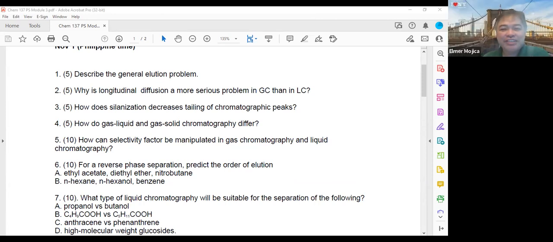So ano yung tinatawag nating elution problem? The so-called general elution problem. So usually it pertains doon sa effect ng separation with the so-called retention time.